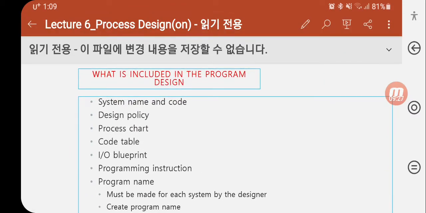Program name must be made for each system by a designer. The program designer creates the program name and classification of program types.